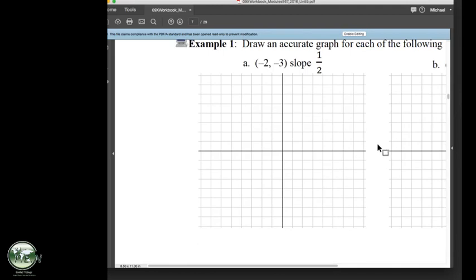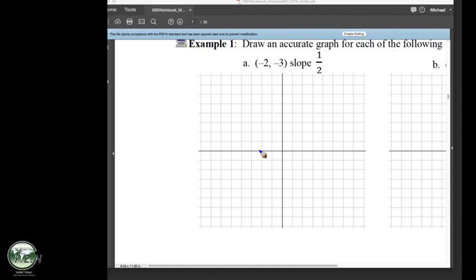Okay, here's another use. We're given a point and the slope so that we can find a line. In this case, this is where we might start confusing slope and coordinate points. But if we're careful and we do it slow enough and with enough intention, we know that -2, -3 is a measurement from 0, 0.